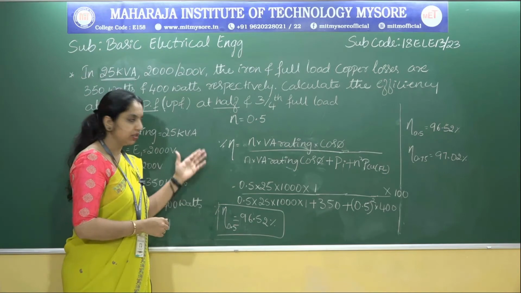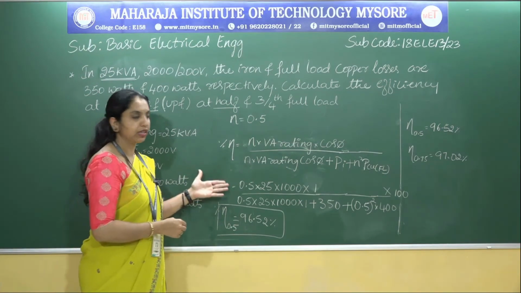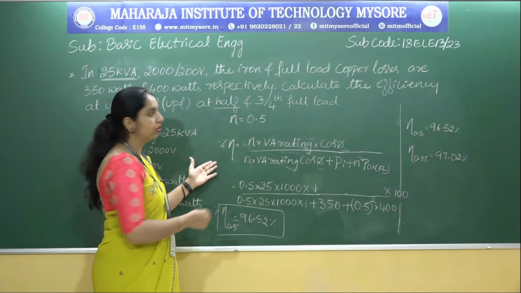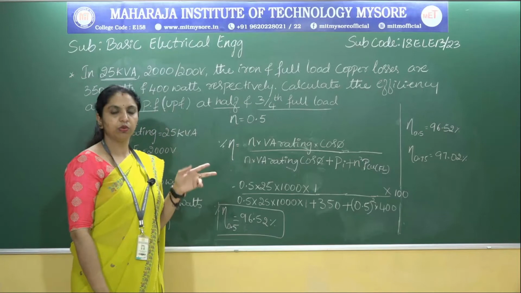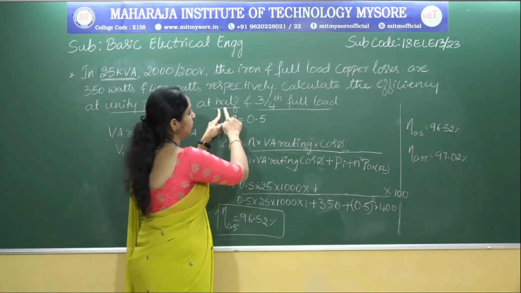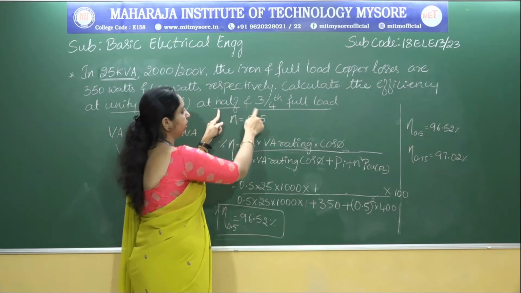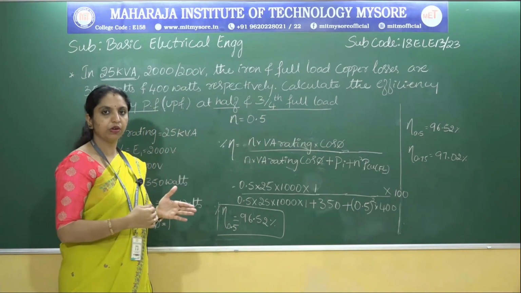And similarly, in the same way we can have all the values except the n value, that is for the 3/4 full load. Because here we need to calculate two values, one for the half load and another for the 3/4 full load. So what is 3/4 of the full load?